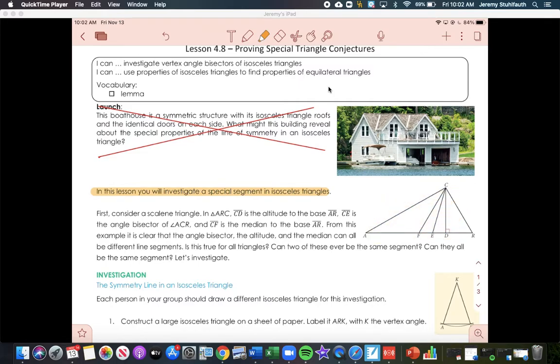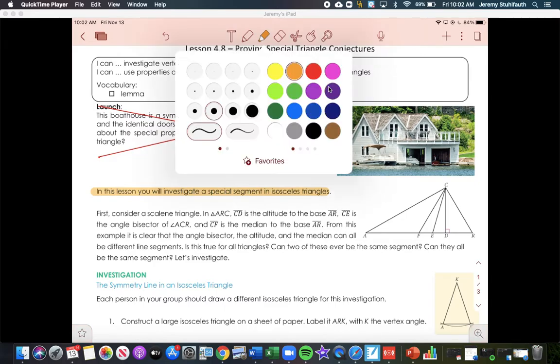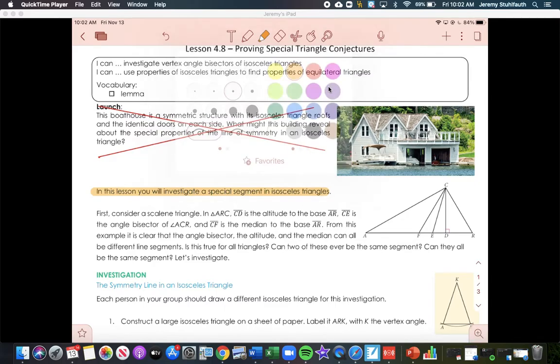And in this scalene triangle, you'll see that we have three different segments drawn. We have CD, which in this case is the altitude to the base from AR. So it's the altitude from point C to the base of the triangle.